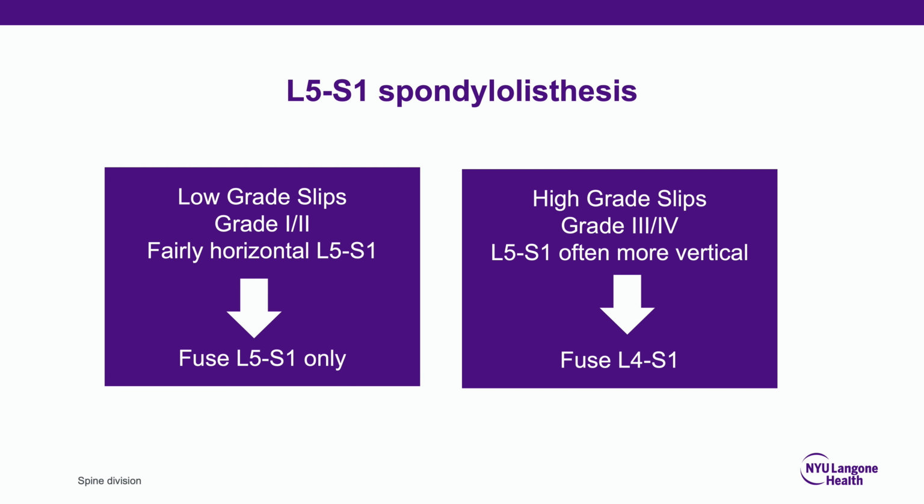L5-S1 only fusion is usually sufficient. When we talk about high-grade slips, grade 3 and 4, where the L5-S1 is usually more vertical, we like to fuse more levels. This is just a general principle.